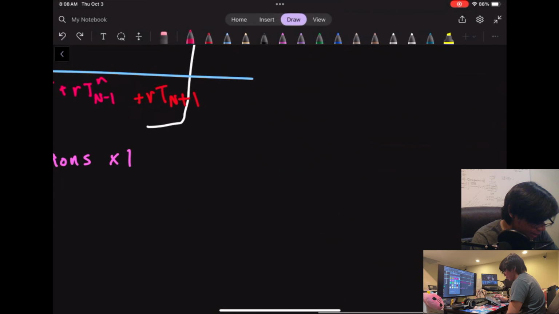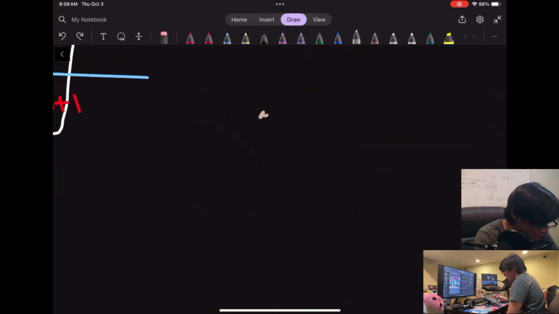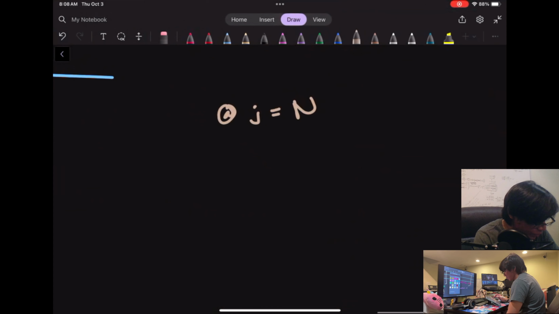So you could say something like at j equals n, your temperature at the next time period at your position n, I guess n plus 1, is equal to your temperature at the previous time period at n plus 1.